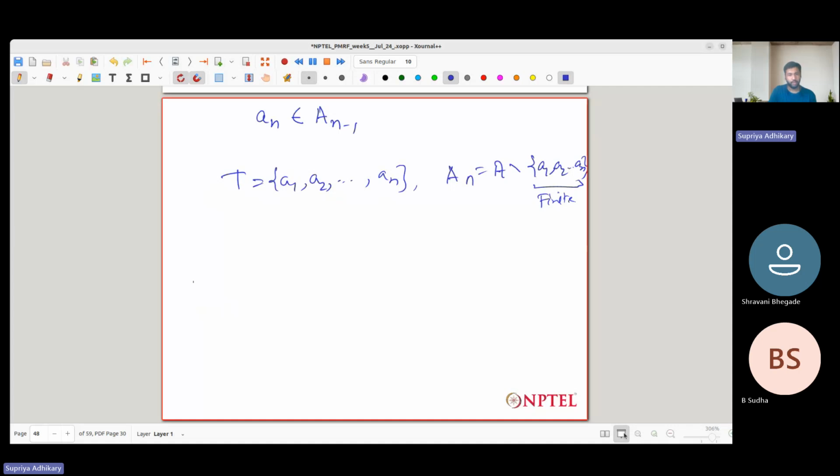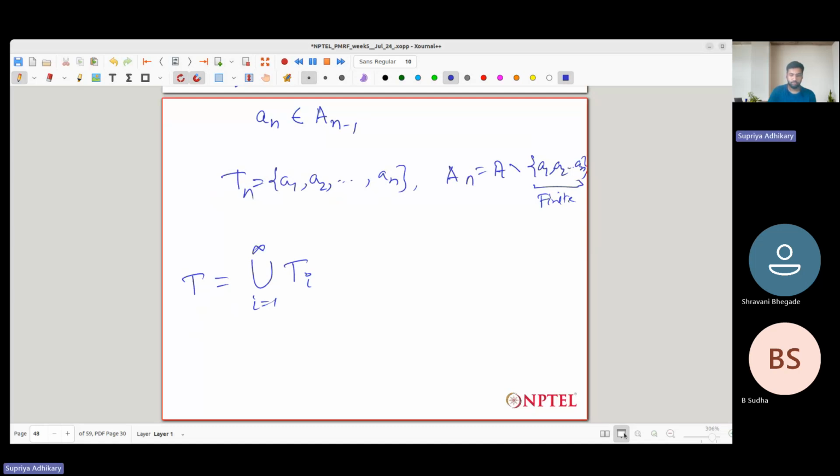Therefore, we can just say this to be T1, T2, and Tn like this. And we can select this set T to be the union of all these Ti. These Ti are all finite sets, and we have seen the proof in the lectures that if Ti are countable sets, then the union of countably many countable sets is again a countable set.